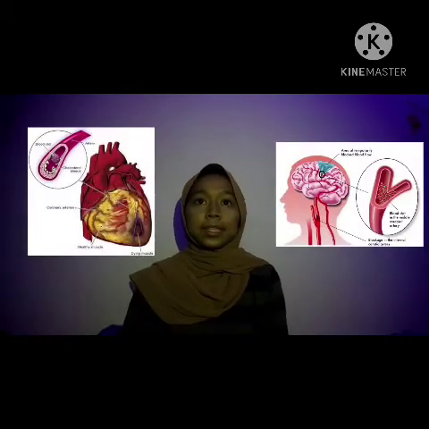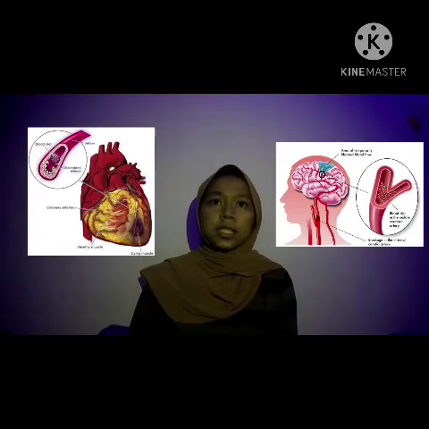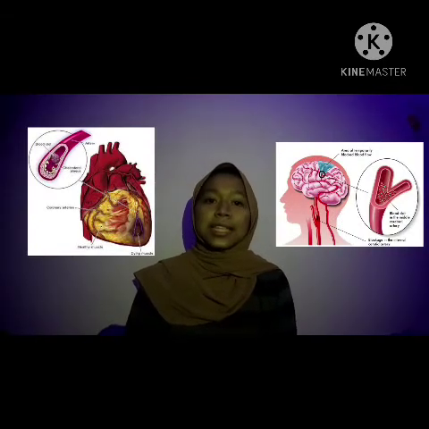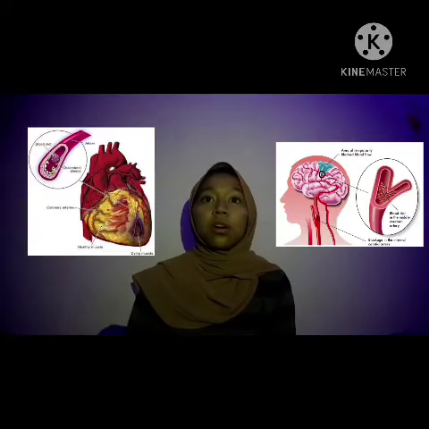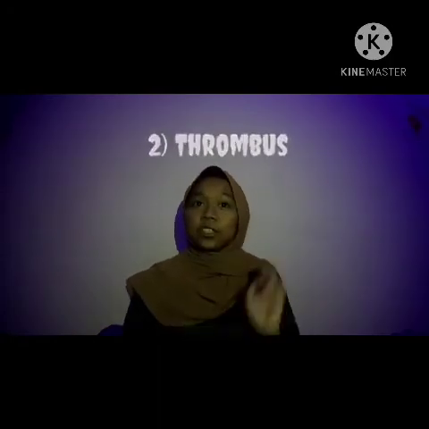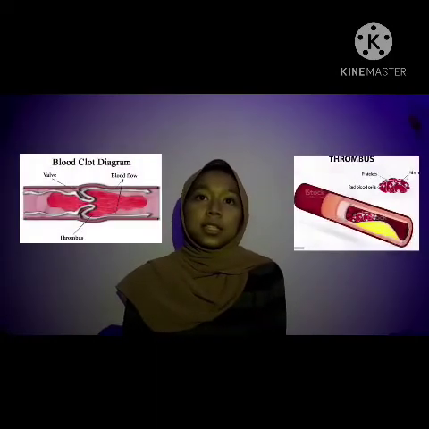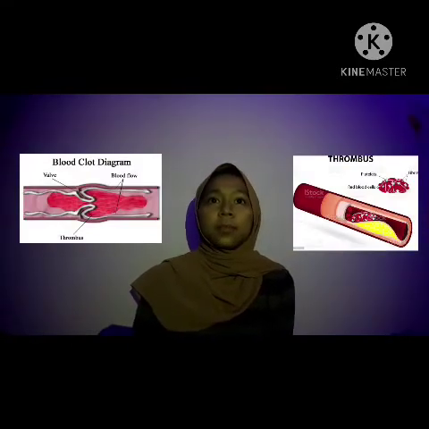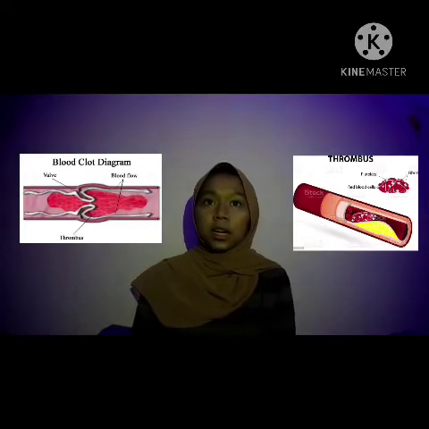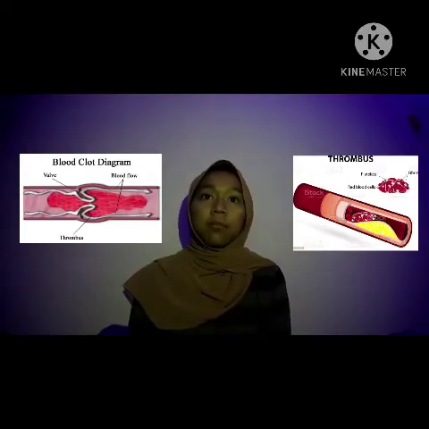Next, diseases and conditions. First, stroke. Damage to the brain because blood supply was interrupted. Cerebrovascular accident, caused by bleeding within the brain or blockage of an artery. Second, thrombus, a stationary blood clot from within a blood vessel or the heart that causes obstruction.